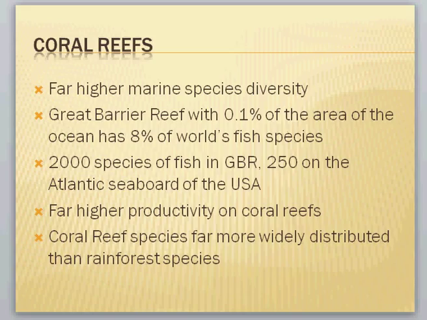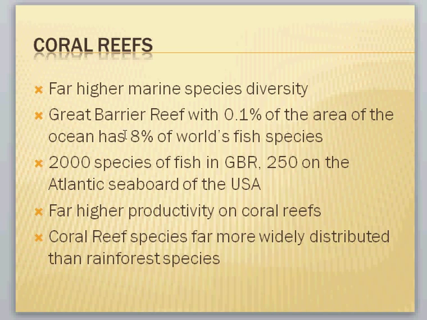However, as we've seen from previous lectures, coral reefs also have very high diversity at higher-level taxa, say at phyla level, than terrestrial ecosystems. To put that in perspective, the Great Barrier Reef, with 0.1% of the area of the ocean, has 8% of the world's fish species. So fish species are massively overrepresented in the Great Barrier Reef.